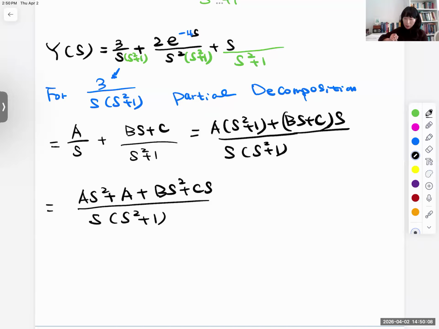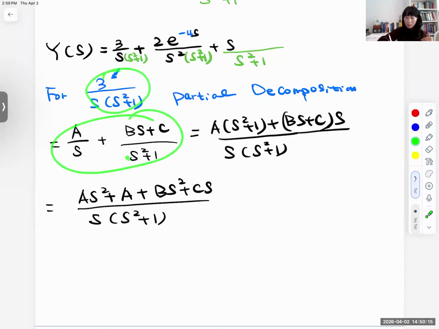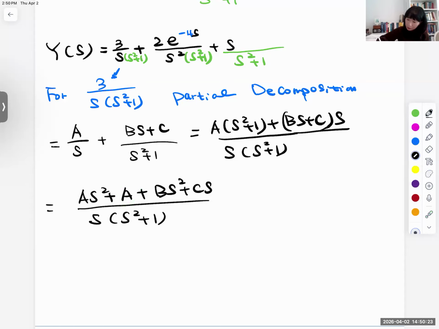Okay, now we set up this one equal to that, and then everything is equal sign, so we have a constant with a constant term. So that means 3 equal to a, constant with a constant, right?